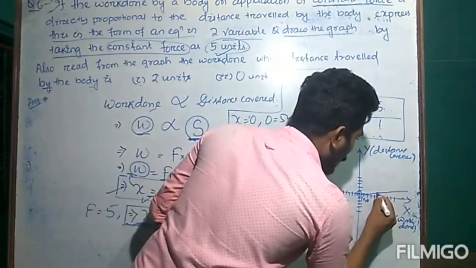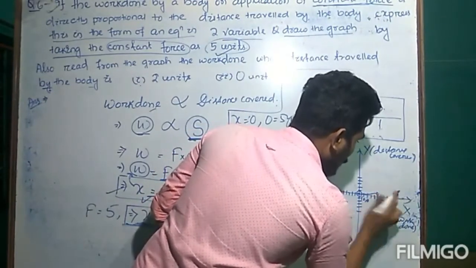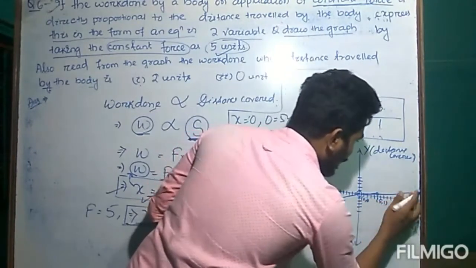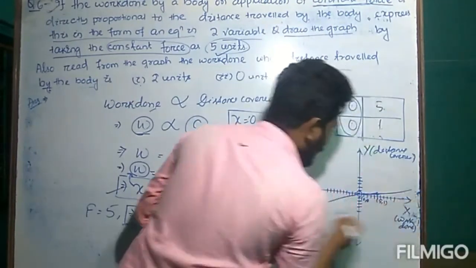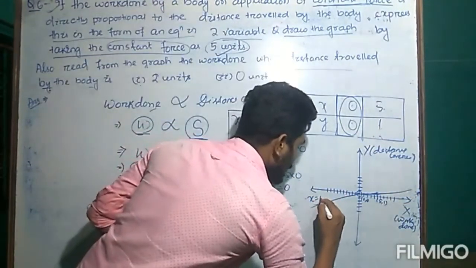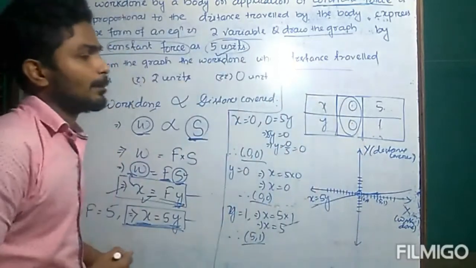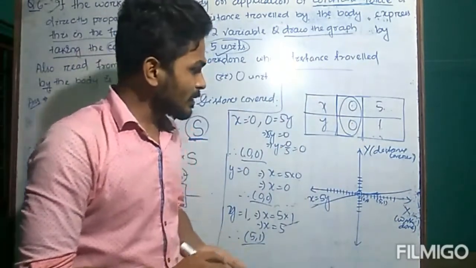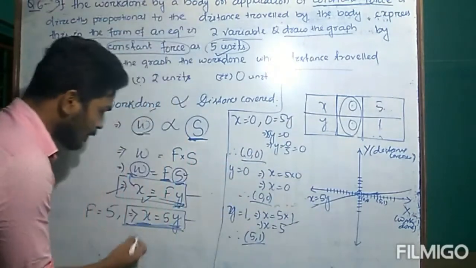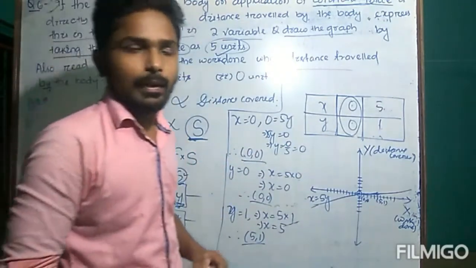Now let us join these 2 points so that you will get a straight line. Understood? This straight line represents the equation x is equal to 5y. Right? So this is the graphical representation of this equation x is equal to 5y.